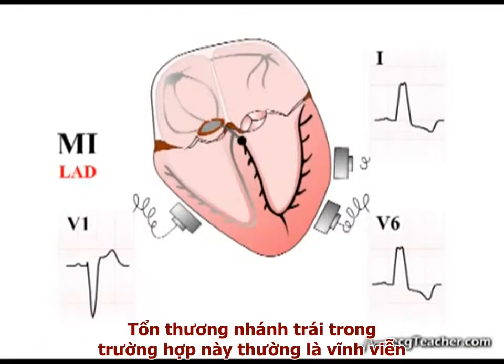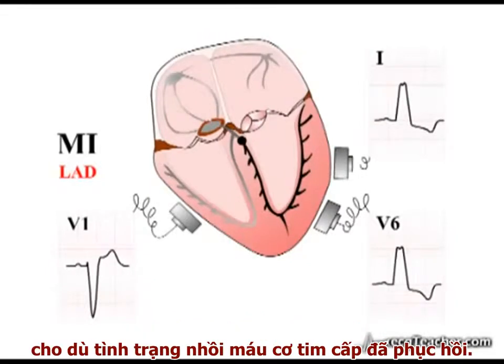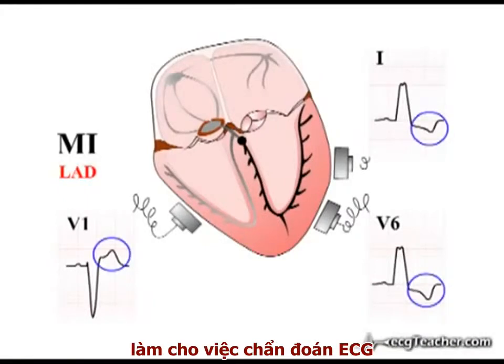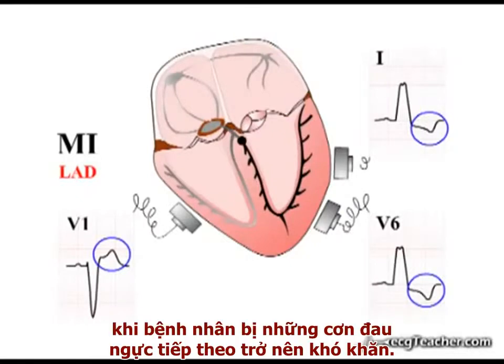Damage to the left bundle branch in this situation tends to be permanent following resolution of the acute MI, and the chronic ST changes associated with left bundle branch block then make interpretation of the ECG at any subsequent presentations with chest pain difficult.